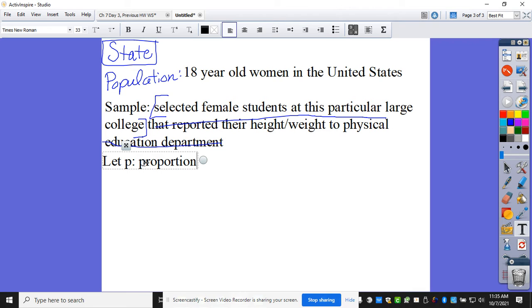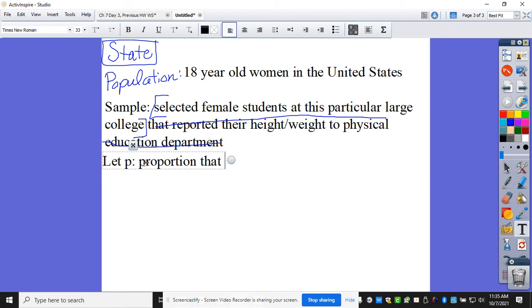Now, this is one thing that I wanted to talk about with homework a little bit. P is a what kind of proportion? Population proportion. So if you're going to write of somebody, you'd better write what you wrote as your population. So if I write proportion of something, I'm going to write proportion of 18-year-old women in the United States because that's word for word what my population says. Because I've already written down population, I can technically here write population that what?